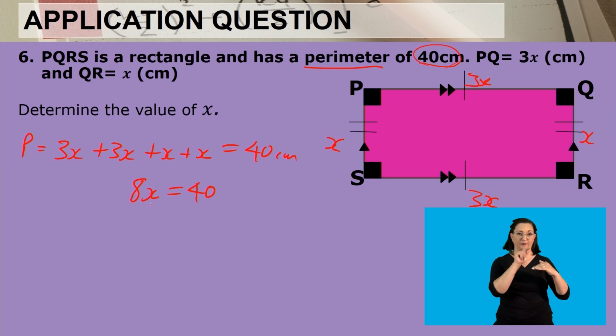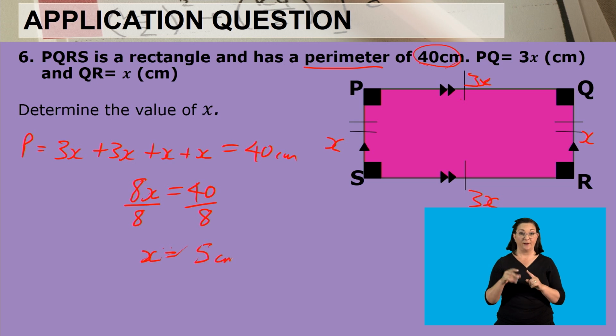The multiplicative inverse of 8 is an eighth, so we divide by 8 on the left and on the right. So x equals 40 divided by 8, which gives us 5. Don't forget the units, so it is 5 centimeters.